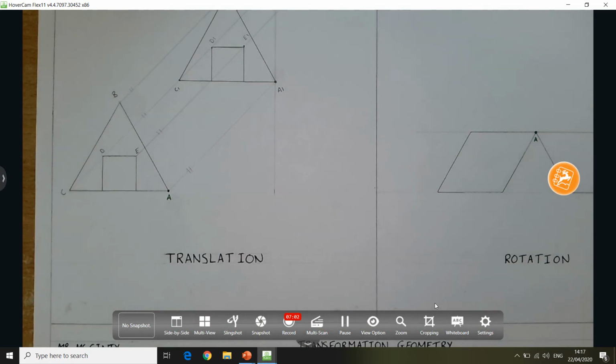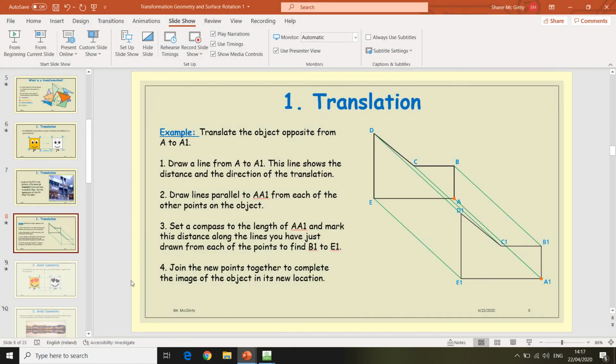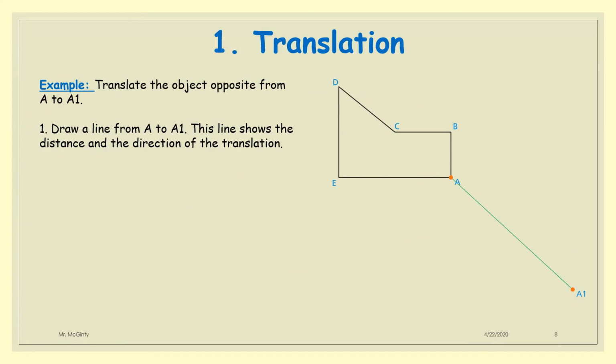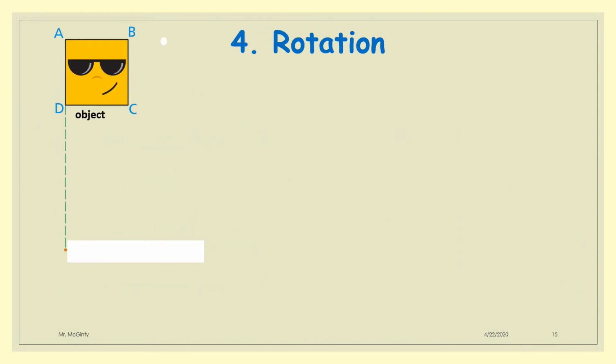So very quickly now we'll go through the second question, which is based on a rotation. So we've got an object, again we've got our square, we've labelled the corners A, B, C, D. You'll see down here we've got a point, and we've got an object. We're going to rotate this object using this point.